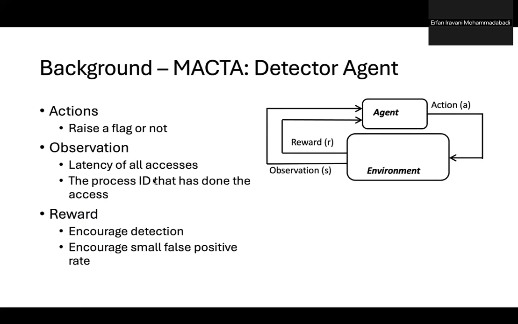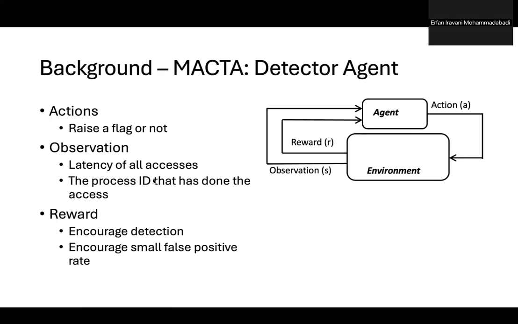So in MACTA, the attacker agent is configured as it was shown in AutoCAT. However, the detector agent is a completely new agent that needs to be configured, and here we show how it's configured. The detector agent should decide whether to raise an attack flag or not.